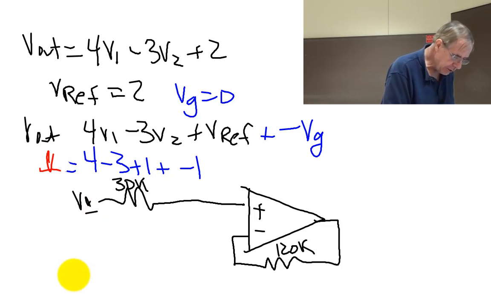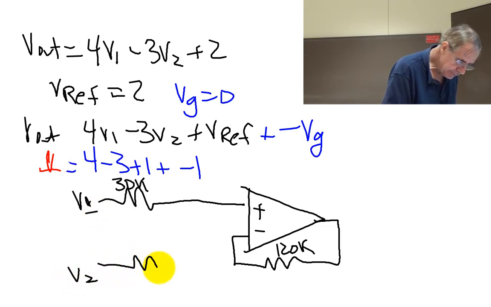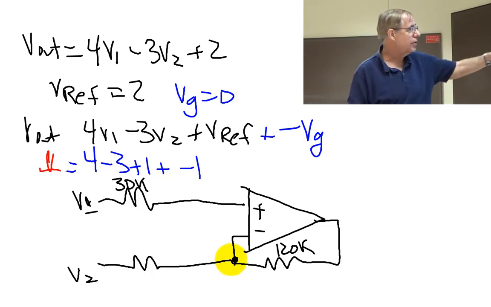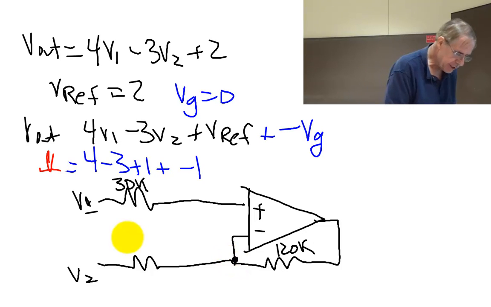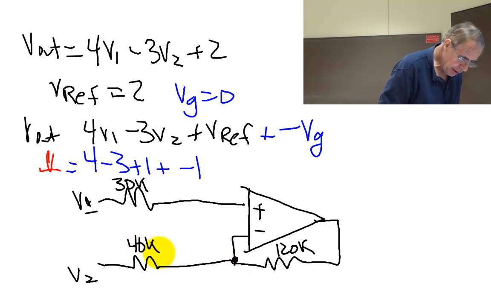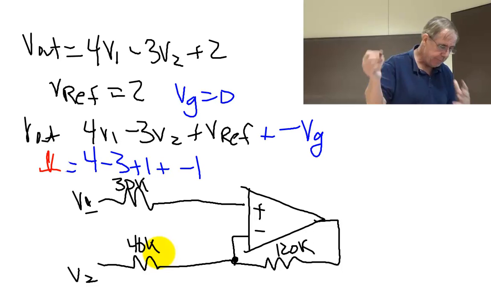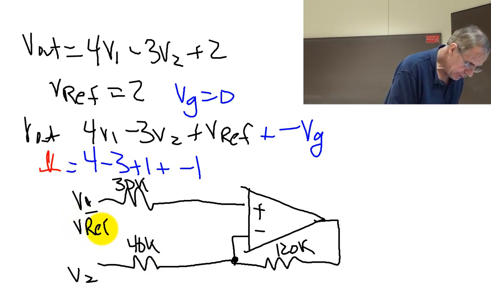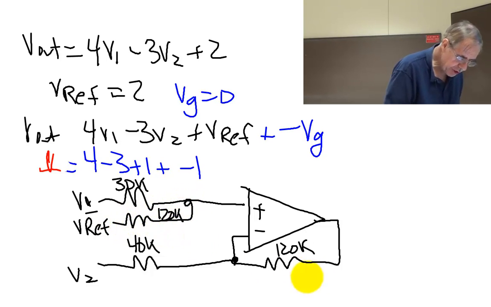V2 is negative, so it's going to come in down here. It's got a gain of 3, so this ratio's got to be 3, so that's 40K. V reference is positive, but it's got a gain of 1, so that's 120K. See, that ratio is 120.